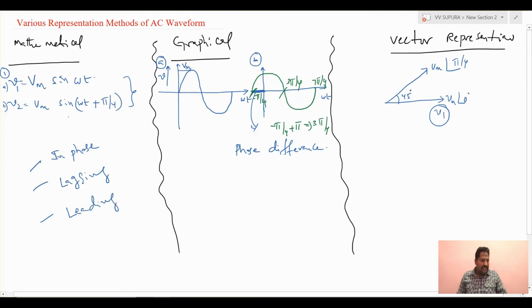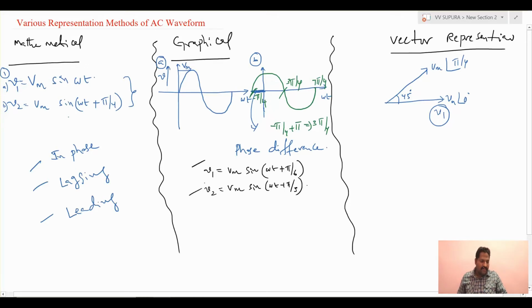So for example, I will take two waveforms: V1 equal to Vm sine (omega t plus pi by 6), and V2 equal to Vm sine (omega t plus pi by 3).